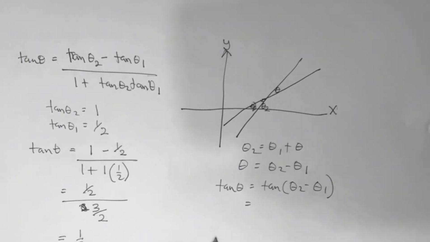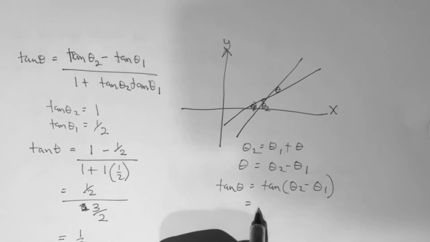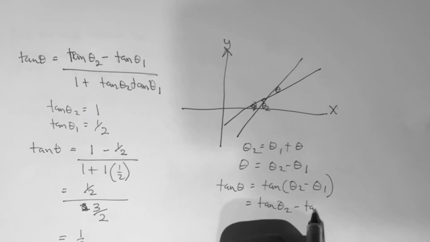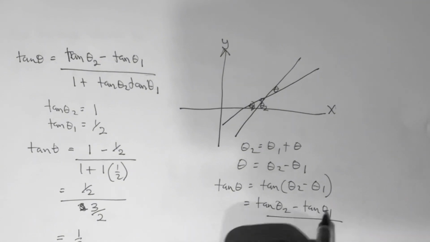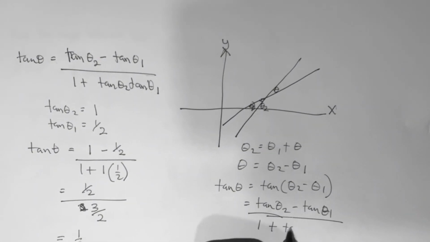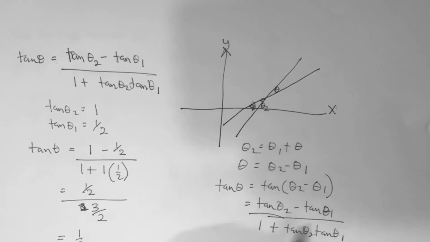And using the tan identities, this is the same as tan theta 2 minus tan theta 1 divided by 1 plus tan theta 2 tan theta 1. So this is where that trig identity is coming from.